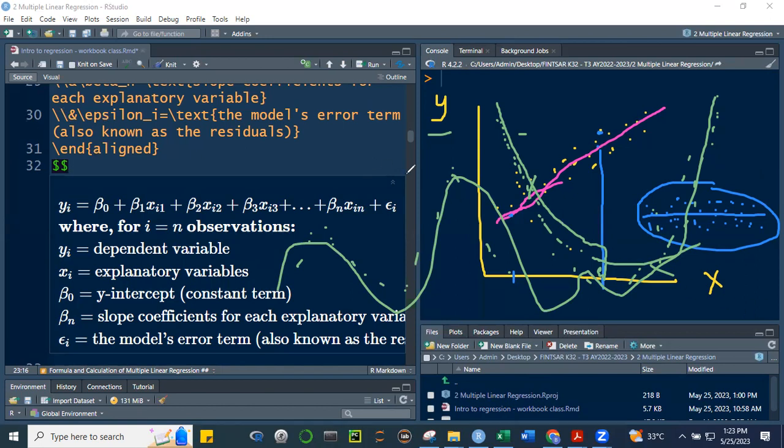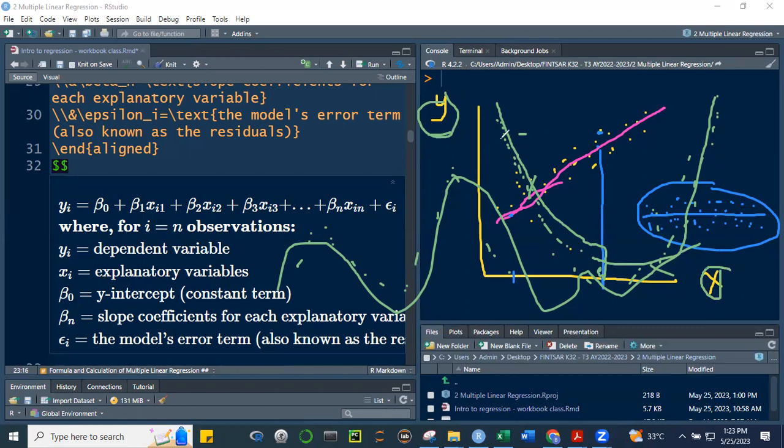Okay? So ang unang assumption ng multiple linear regression is that the relationship between your dependent variable y and your independent variable x should be linear. Okay, take note, what I said is linear relationship ng dependent variable and your independent variable.